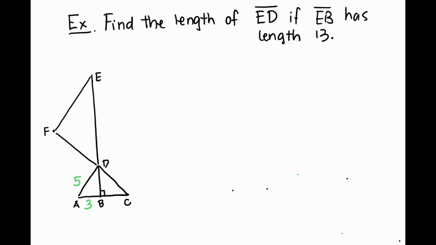One last quick question. Find the length of ED. So that is this guy right here, ED, given that EB has length 13. So EB is this distance right here. So we need to figure out the ED.